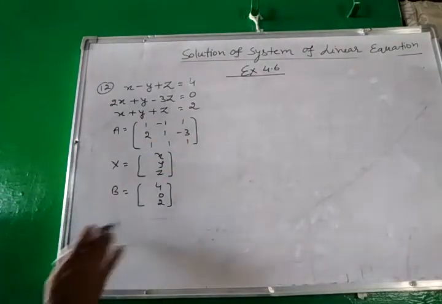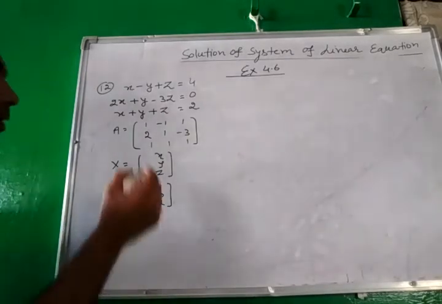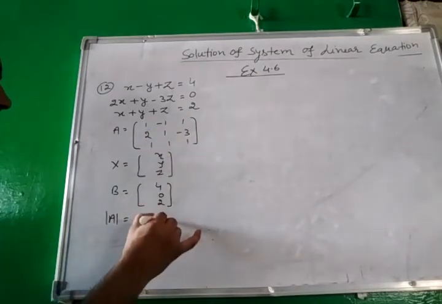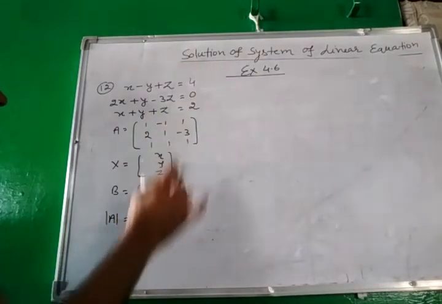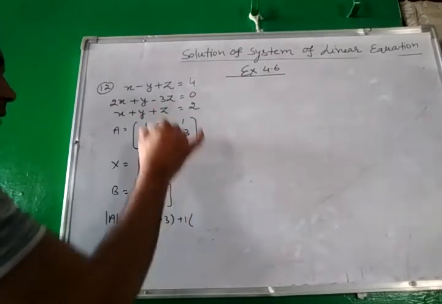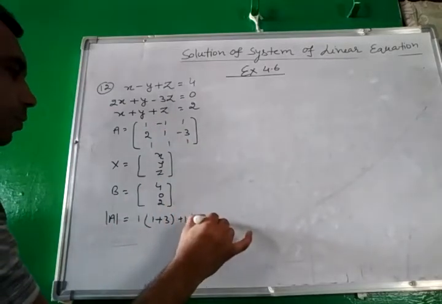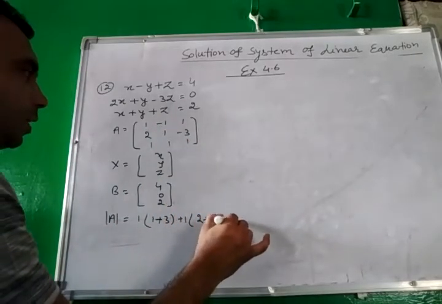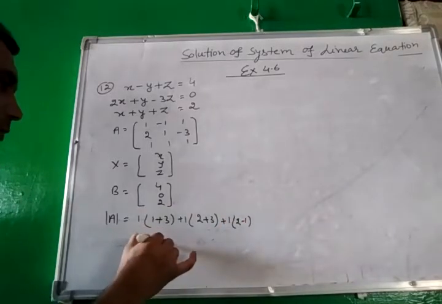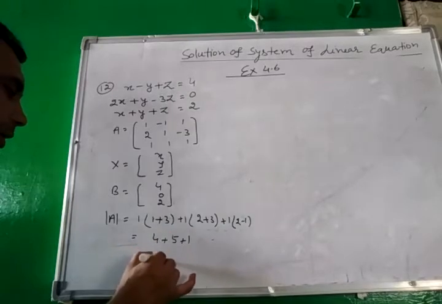Now we will check determinant of A. Determinant of A is equal to what? 1 multiplied with 1 plus 3, that is 4, minus and again minus implies plus 1, leaving this row and column: 2 plus 3, and plus 1, 2 minus 1. 4 plus 3 is 5, and plus 1, 10.